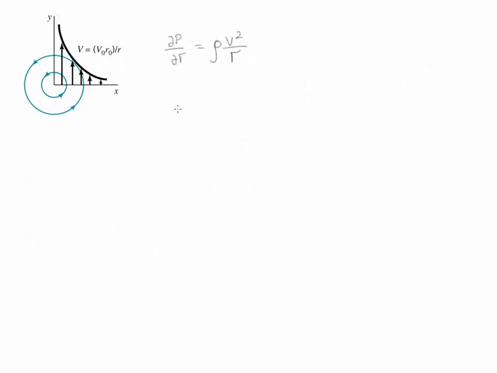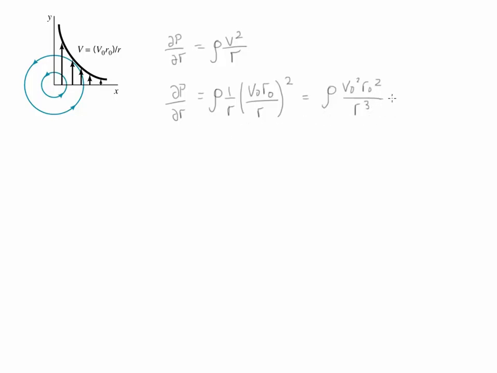Let's now do case B. We're going to follow basically the same procedure. We substitute the velocity into this equation. We have rho times 1 over r, and then we substitute the equation, which is v0 r0 divided by r to the second power, and that gives us rho v0 squared r0 squared, and then if we multiply, this becomes r to the third in the bottom.